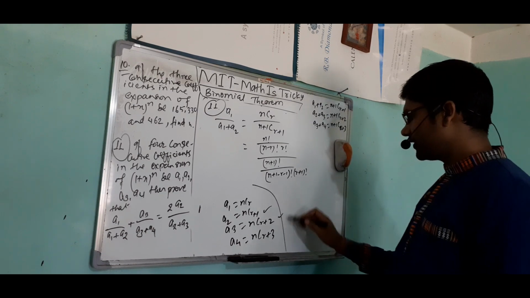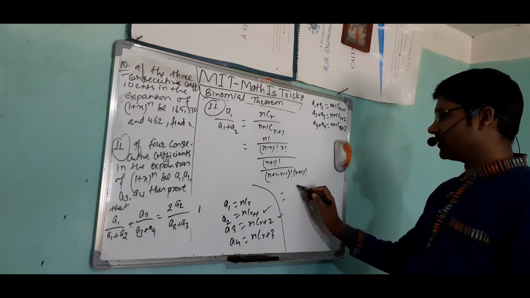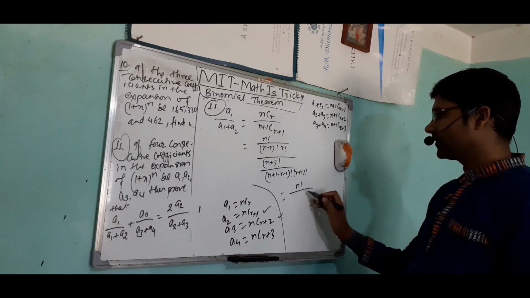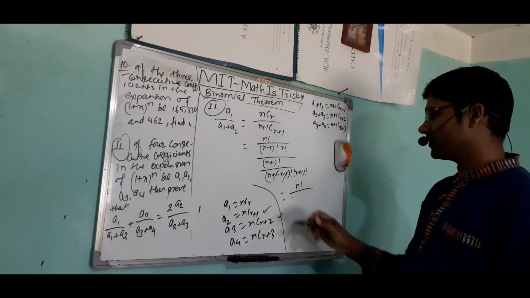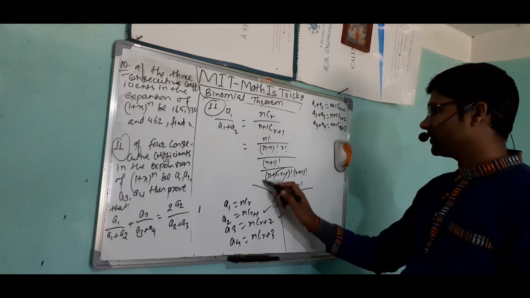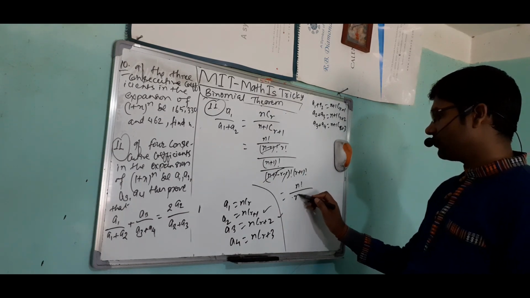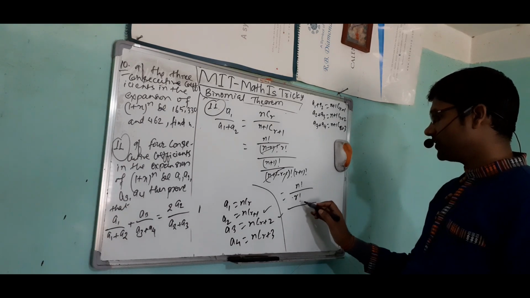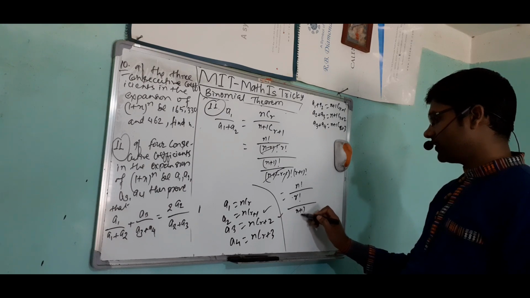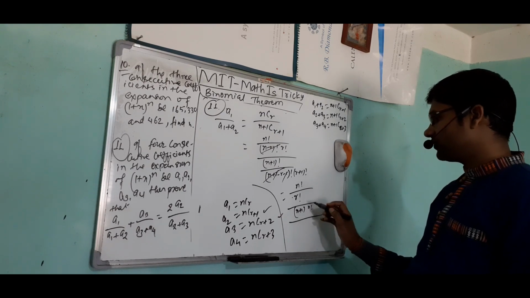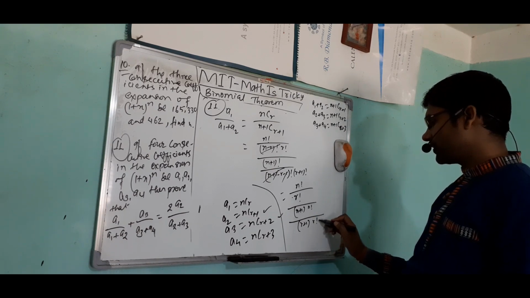If we simplify this, we get the answer as n factorial by n minus r. The n minus r cancels, remaining here r factorial, and then whole divide again by (n plus 1) factorial, meaning (n plus 1) times n factorial, whole divide by (r plus 1) times r factorial.